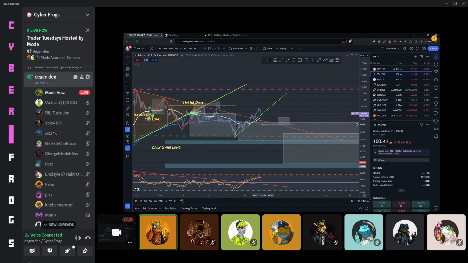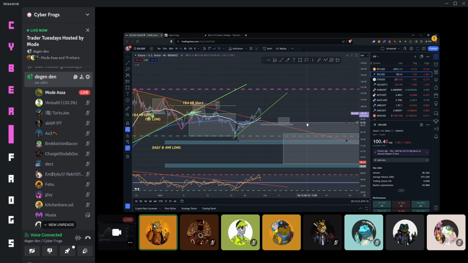And Thor is saying we're probably going to at least come down and make a little retest before we either blast to 125 again, or make the lower high comparative and then indicate the lower low.